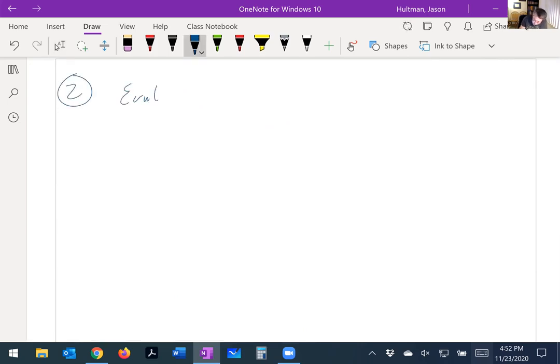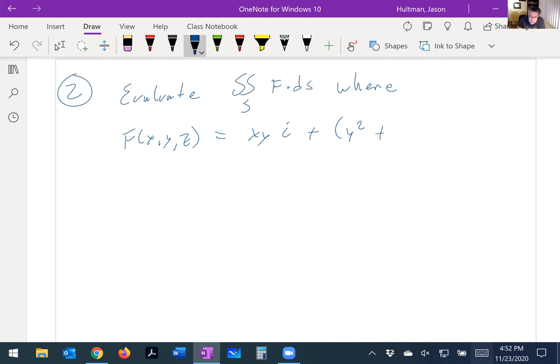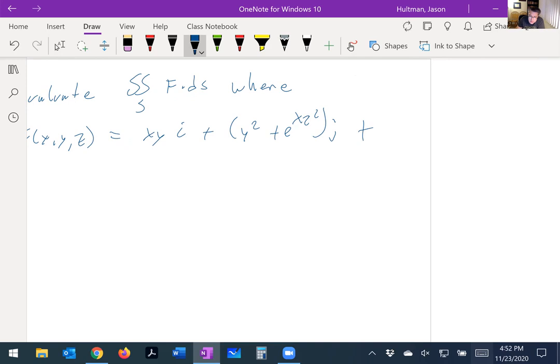Evaluate the surface integral over S of F dot dS, where F of x, y, z is equal to xy i plus y squared plus e to the x z squared j plus sine of xy k.